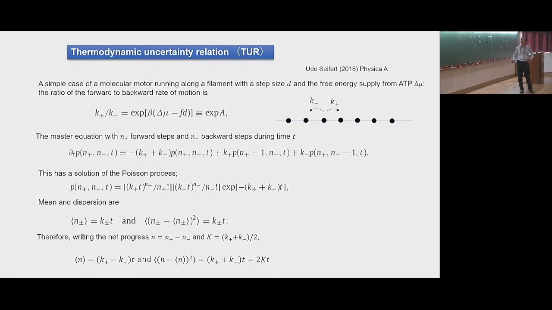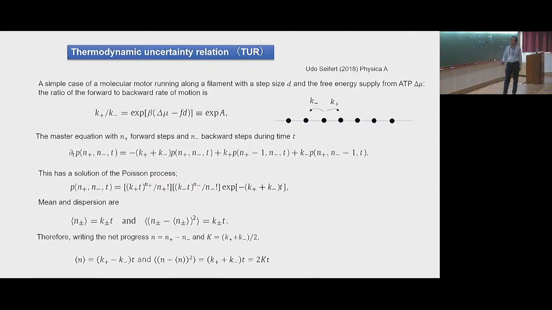This process can be represented by this master equation. Here P of n plus, n minus, t is the probability that at time t, n plus hoppings toward the right and n minus hoppings toward the left have taken place. This equation can be solved exactly. The solution is a Poisson process, like a simple burst process.